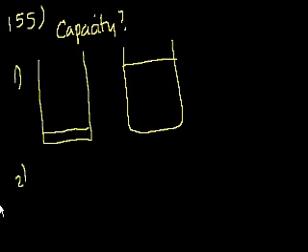Statement 2: if 3 liters of water are added to the bucket when it is half full of water. So 1/2 times the capacity, right? When it's half full of water, you add 3 liters. So if 3 liters of water are added to the bucket when it is half full of water, the amount of water in the bucket will increase by 1/3.